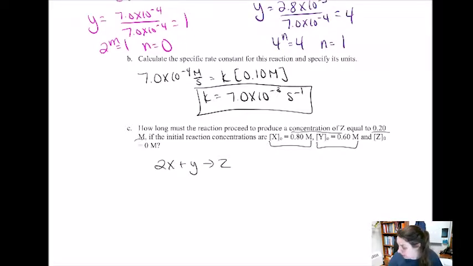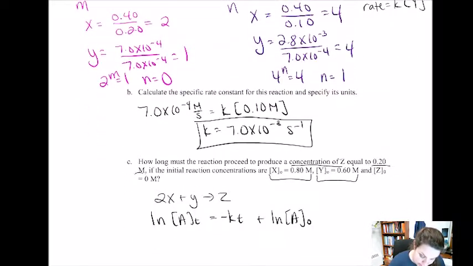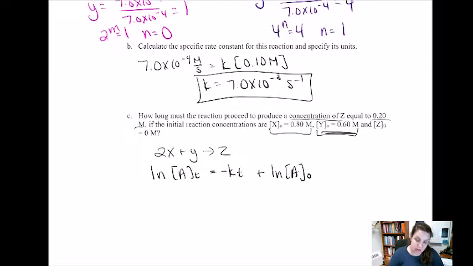We can just go directly into our integrated rate law for a first order process, which is ln A at t is equal to negative kt plus ln A naught. Our A in this case is going to be our Y, right? You don't care about the x concentration because it doesn't change anything, right? So we'll put these values in here and solve for t.